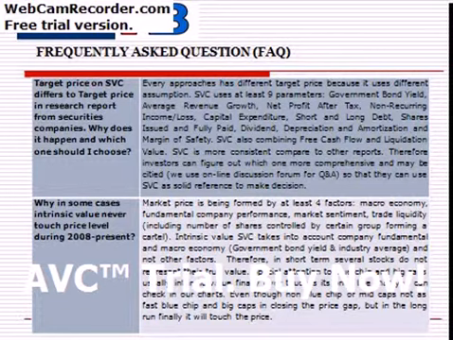Actually, market price is formed by at least 4 factors: macroeconomy, fundamental company performance, market sentiment, and the liquidity of trade, including the number of shares controlled by a certain group forming a cartel. Intrinsic value in SVC takes into account company fundamentals and macroeconomy, which is government bond and industry average growth, and not other factors, because we can control just only two factors externally. Therefore, in the short term, several stocks do not represent their true value.